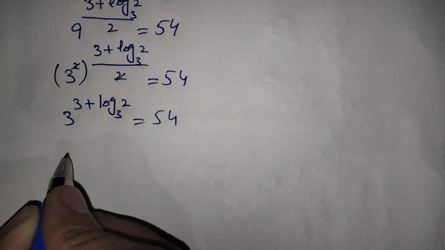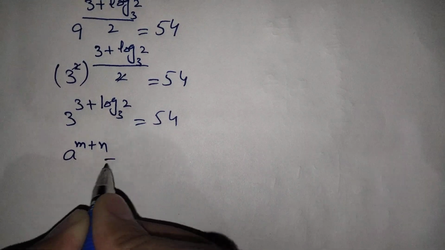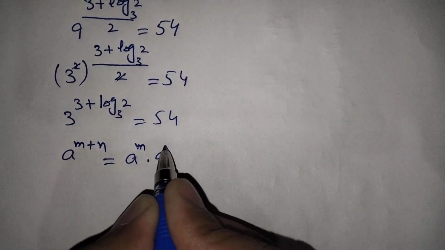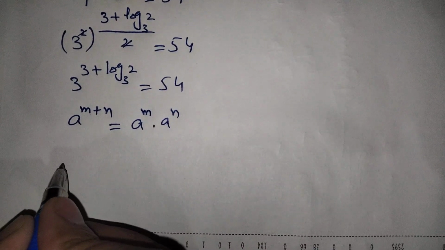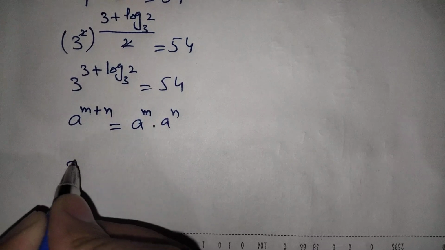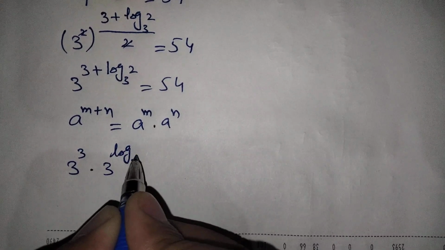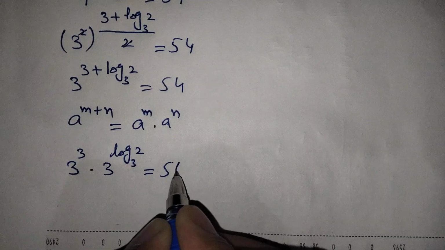Now using the formula a raised to power m plus n is equal to a raised to power m into a raised to power n, we will rewrite the above equation as 3 raised to power 3 into 3 raised to power log of base 3 and argument 2 is equal to 54.